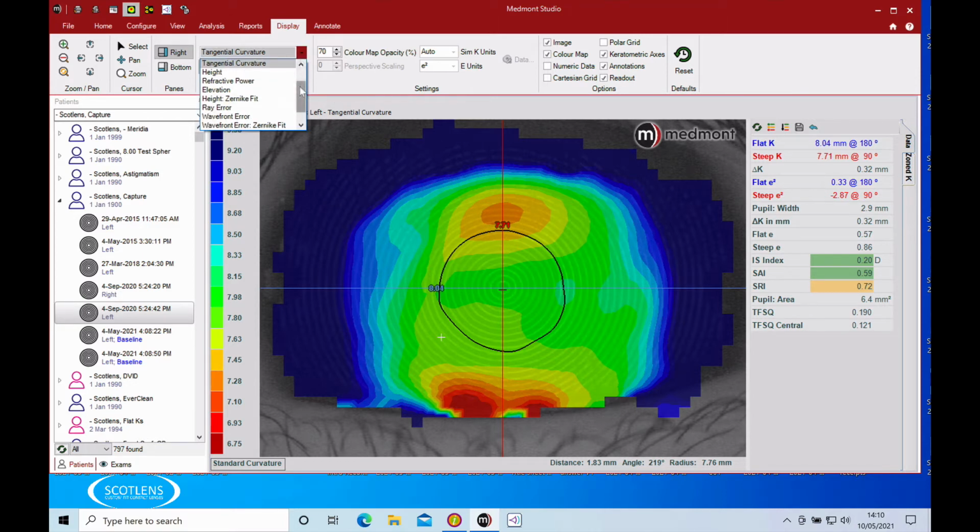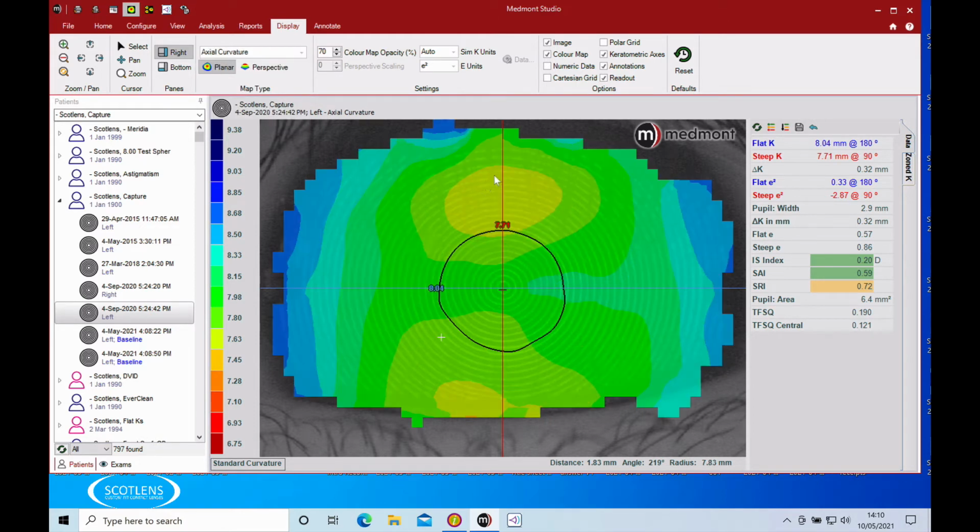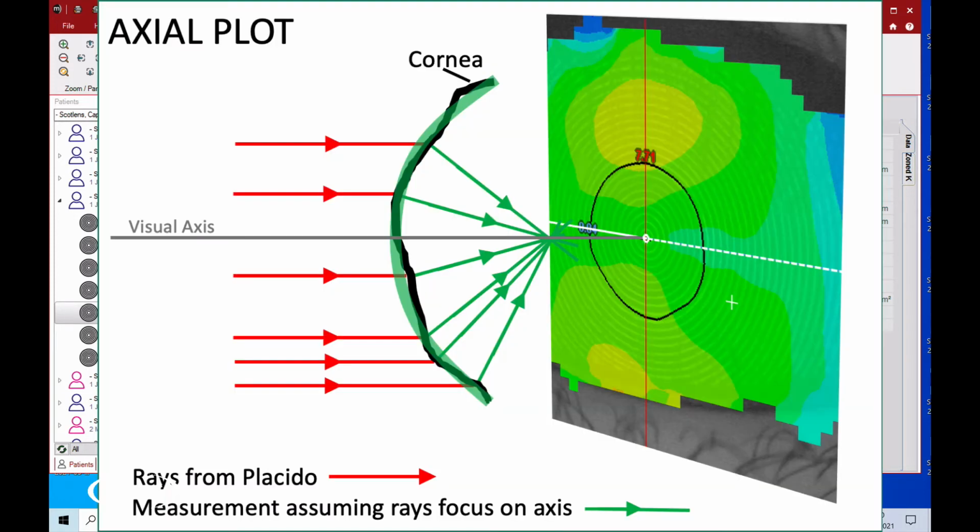That differs slightly from axial. And axial, I'm going to kind of group axial and refractive power. They're just slightly different equations, but effectively it's an axial. We're assuming that every point is now going to go through the visual axis, which of course is where the patient's looking. So it puts a kind of smear, a mathematical smear over the cornea, which smooths things out.